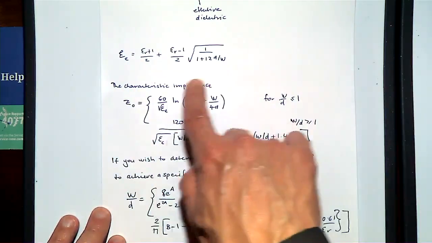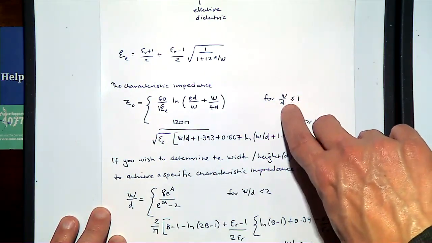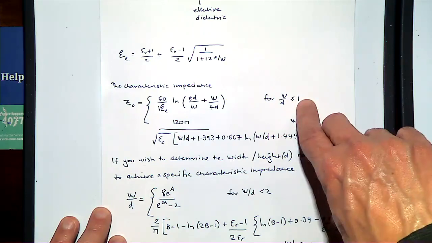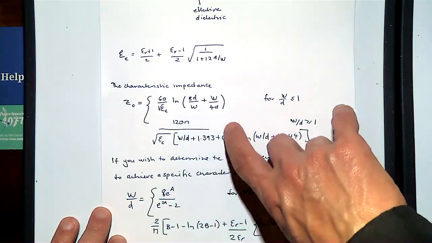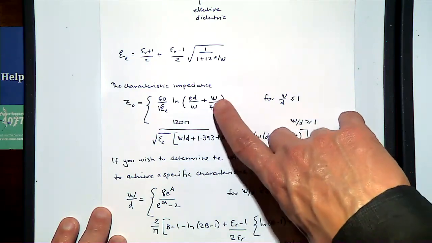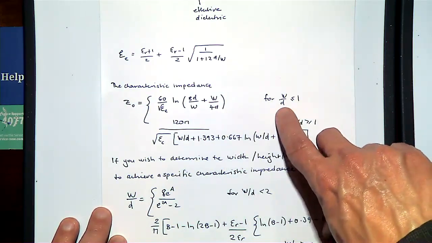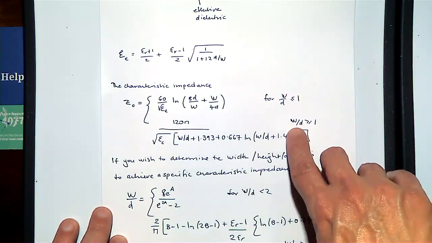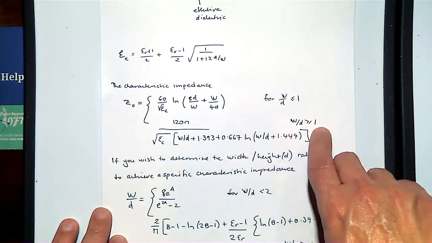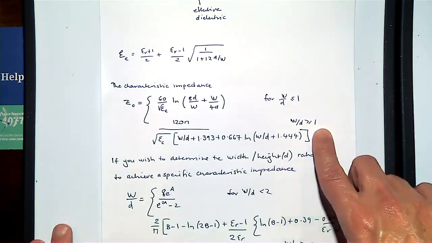And they've come up with these two formulae depending on if the ratio of the width to the thickness is less than 1 or greater than 1. Okay, so you've got two formulae that you need to look at, depending on whether the width of the conductor is smaller than the thickness, or the width of the conductor is larger than the thickness of the dielectric slab. Okay.